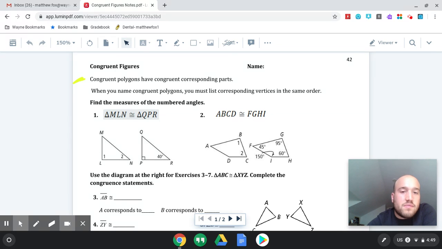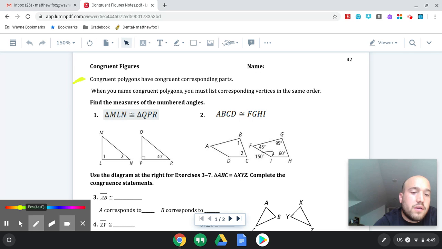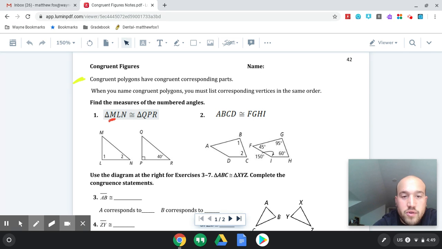So if we look down here, it says find the measures of the numbered angles. So when we say numbered angles, like here there's a 1 and there's a 2. And we're trying to figure out what those angles have to be. Now it tells us triangle MLN is congruent to triangle QPR. So because they are congruent, and we know that congruent polygons have congruent corresponding parts, angle M here is the first term of the first triangle.